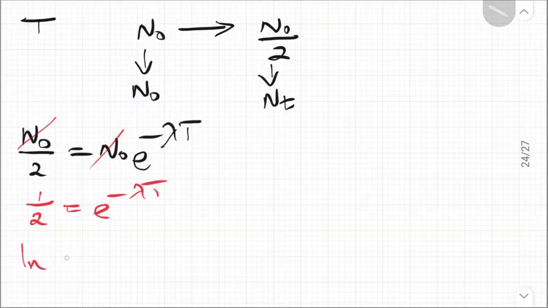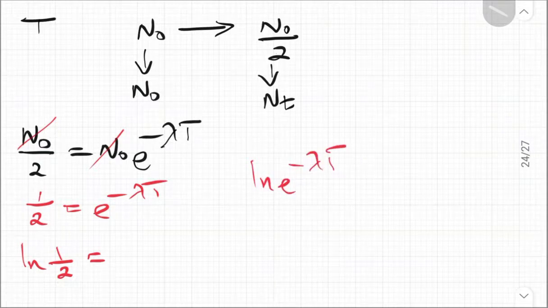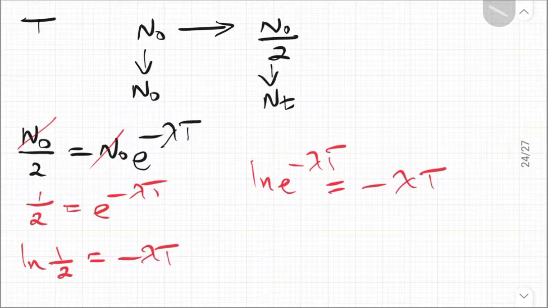We have ln 1 over 2 on the left. On this side, the natural logarithm of e to the negative lambda capital T is just equal to negative lambda T.